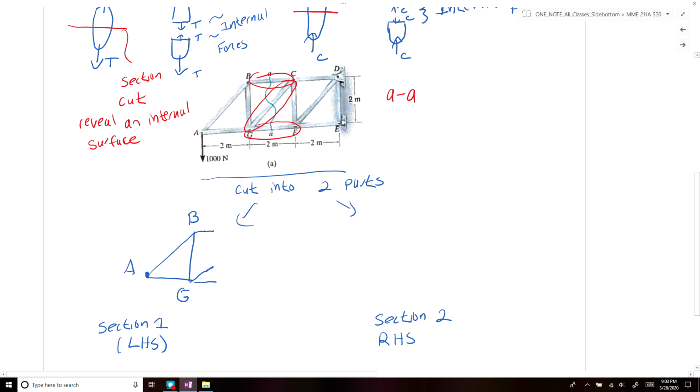So our section cut A-A went through these three members.